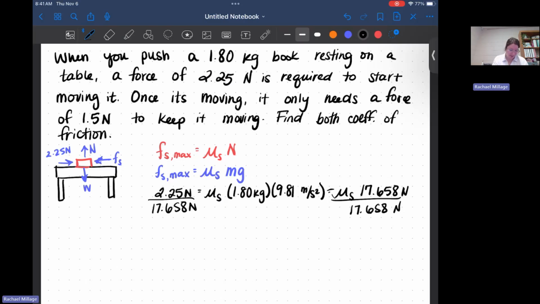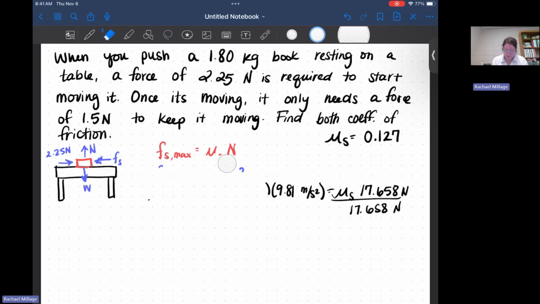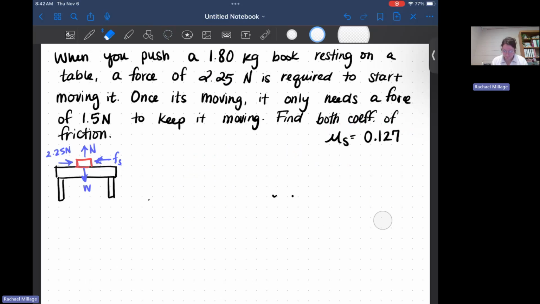So 2.25 divided by 17.658, I'm going to have a coefficient of static friction that is equal to 0.127. All right, so I'm going to circle that. I'm going to move it to the top here so that way I have room to calculate my coefficient of kinetic friction.